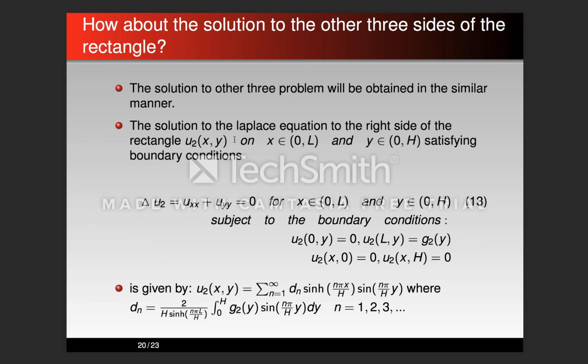If you want to find the solution for the right side of the rectangle, then the solution is given by u2(x,y), the summation from n equals 1 to infinity of d_n sinh(nπx/h) sin(nπy/h), where the coefficient d_n is given by this Fourier sine series using the orthogonality property of sine, where d_n equals 2 divided by h sinh(nπL/h) times the integral from 0 to h of g2(y) sin(nπy/h) dy.